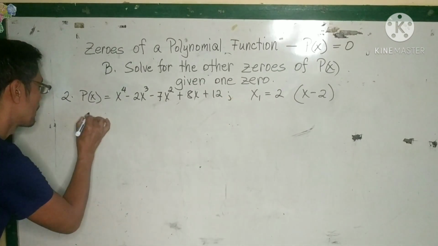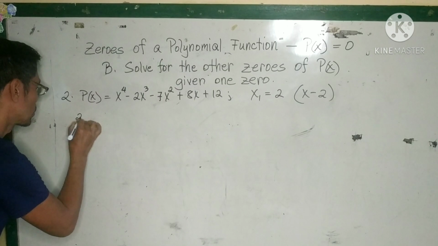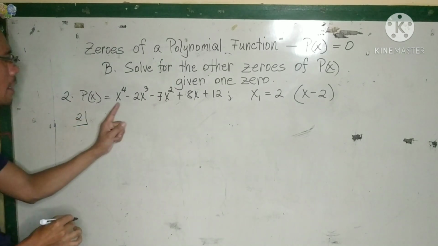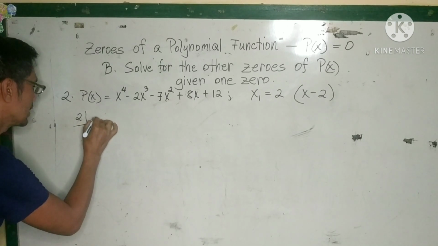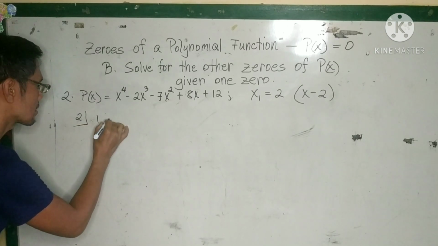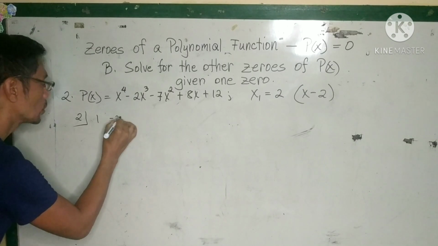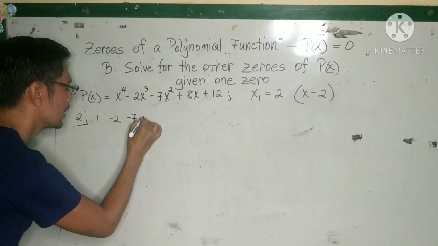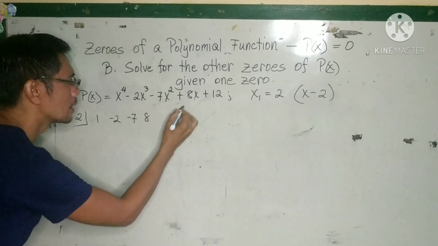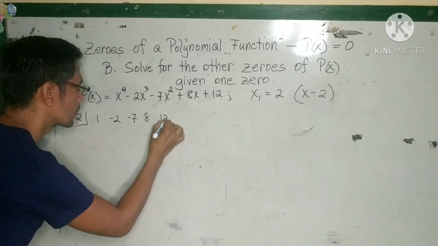So we have 2, our numerical coefficients. The numerical coefficient of the leading term, 1. The next term, negative 2. Then negative 7. Then 8. Then 12.